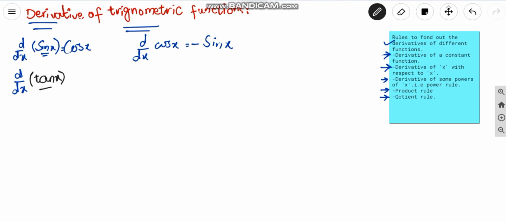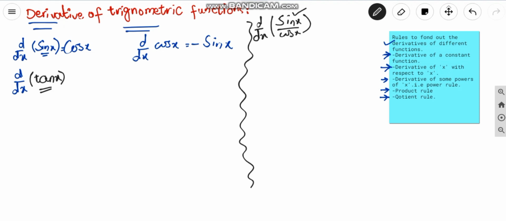To make it simple, let's discuss it in detail. As you know very well, tan x is equal to sine x over cos x. You can say that sine x is the first function and cos x is the second function, and these two functions are in quotient, so we can use the quotient rule.